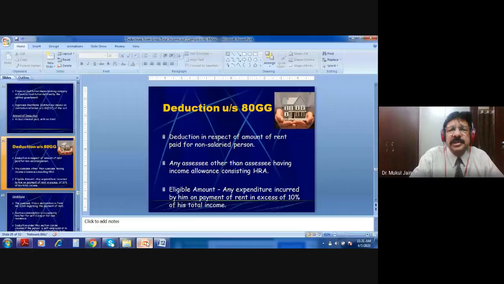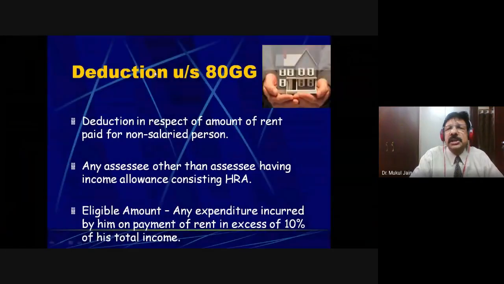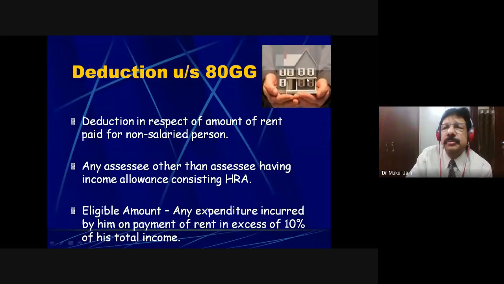So now we see the same thing in our slide. Deduction under section 80GG is also for house.